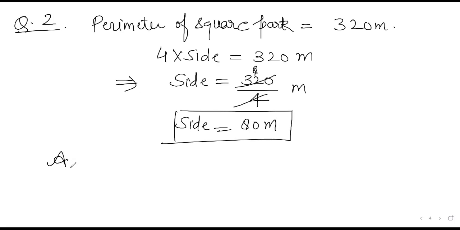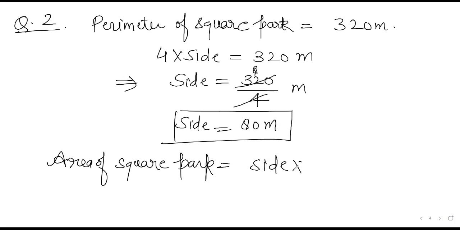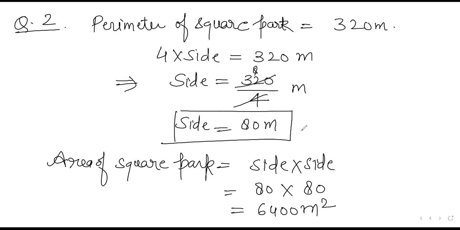Now we have to find the area of a square. The area of a square park is very easy: side into side. 80 is the side, so we multiply twice, 8 8s are 6400 meter square.